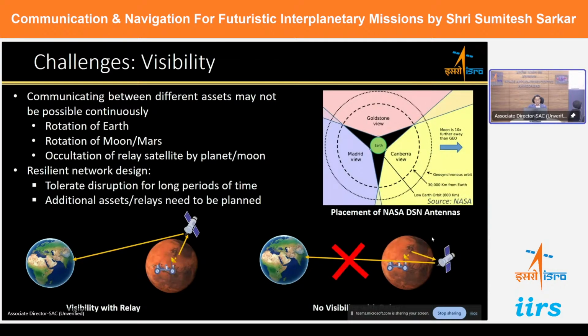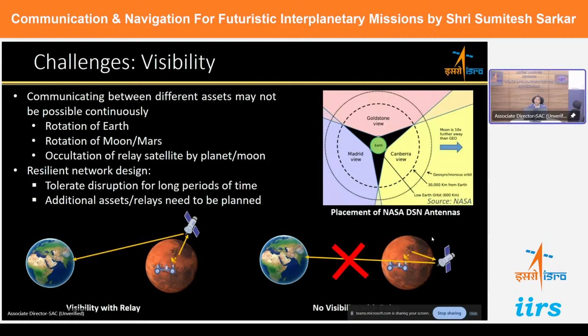The major challenge is visibility, because say we are moving on the surface of the moon, but as you go to the other side of the moon, which is not visible from the Earth, there we cannot communicate. So what can be done is, we can have a relay satellite around the moon. The relay satellite will receive the signal or transmit toward the Earth, and the other side will be connected with the rover or lander.